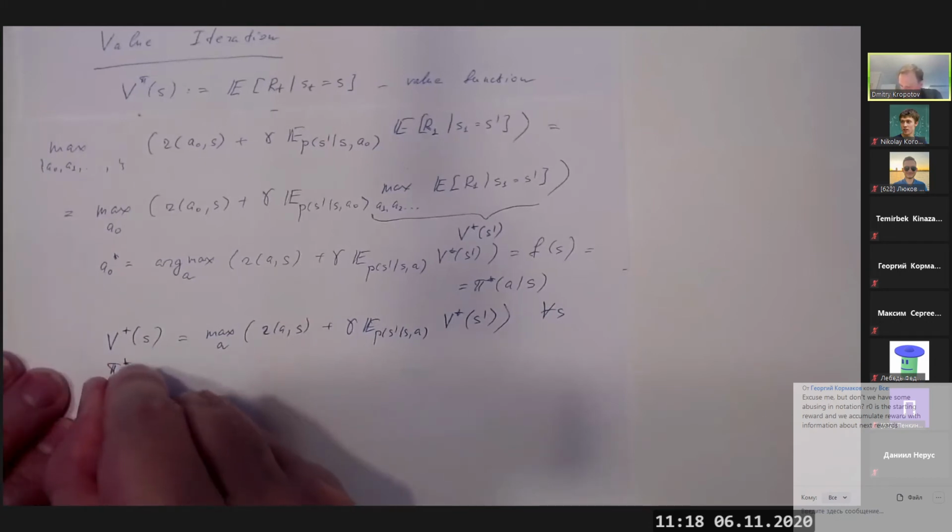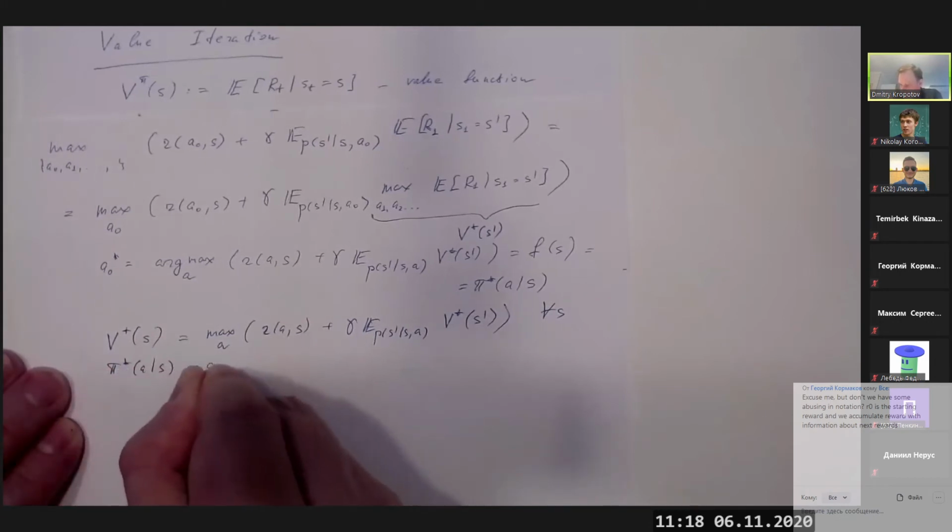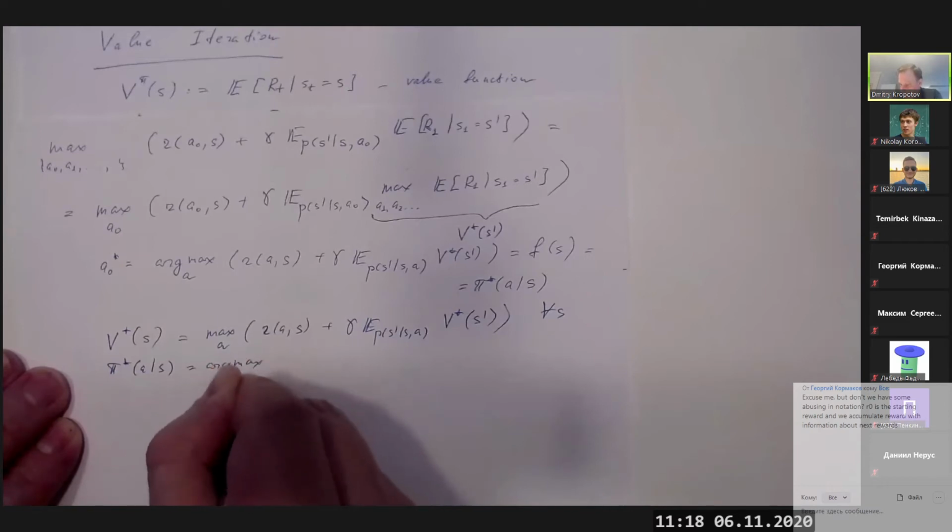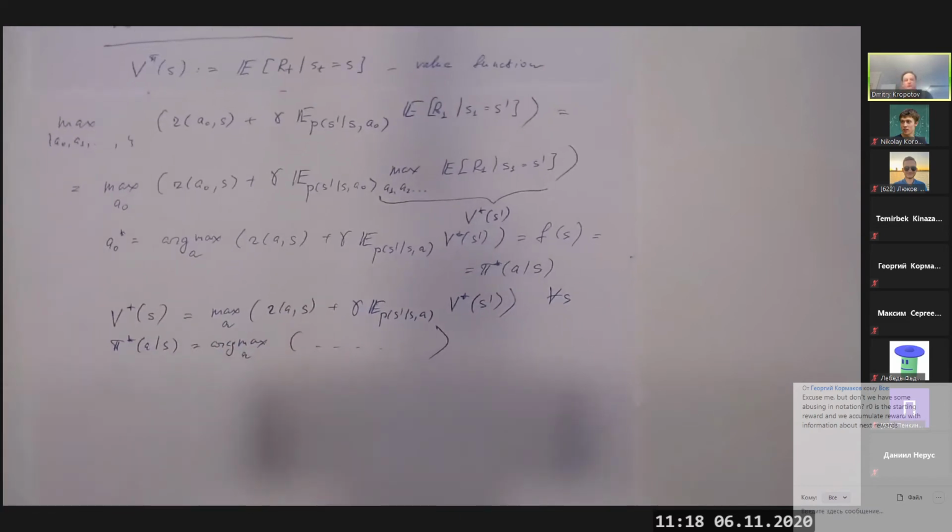Our optimal policy pi is the argmax over actions of the same expression.